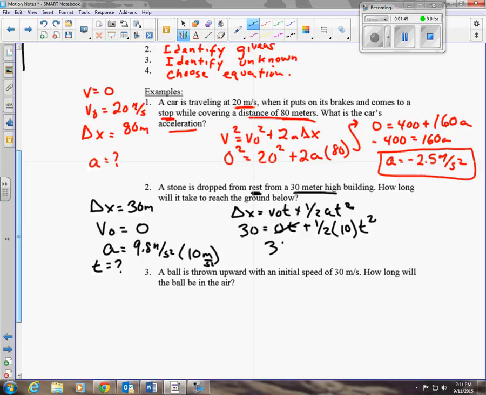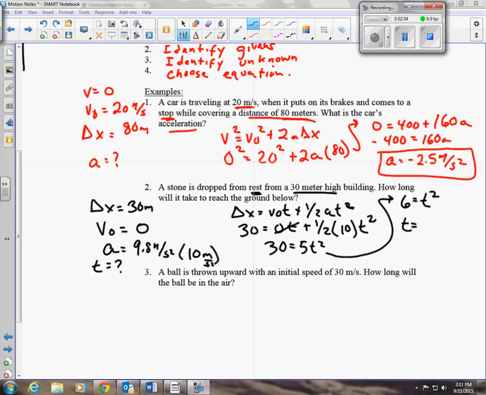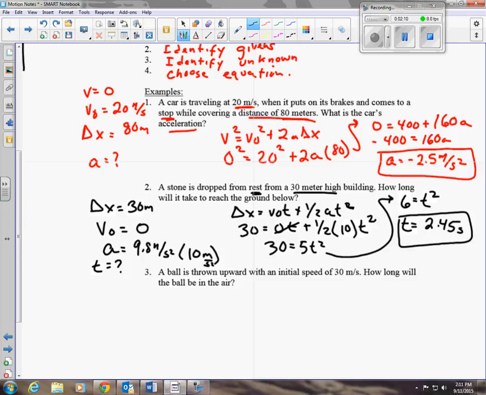This becomes 30 equals 5 t squared. Now, I would divide both sides by 5, and I get 6 equals t squared. So the time is going to be the square root of 6, which ends up being 2.45 seconds, if I round it.